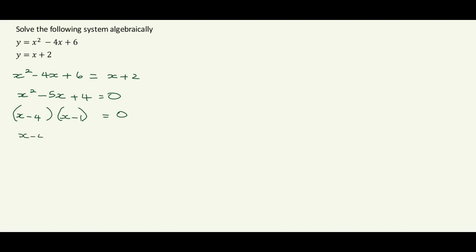So x minus 4 equal to 0, so x equal to 4. We have x minus 1 equal to 0, then we have x equal to 1. Now we're going to use y equal to x plus 2.